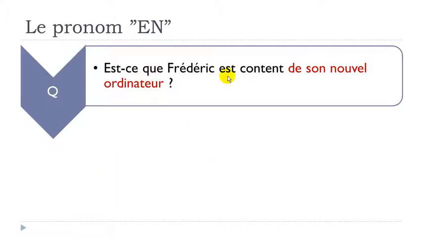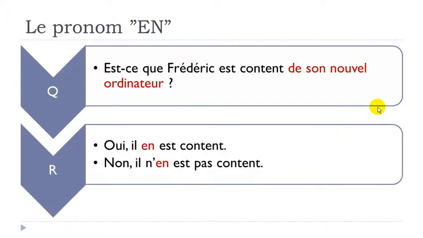Est-ce que Frédéric est content de son nouvel ordinateur? Okay, est-ce que Frédéric est content? Content is to be happy, satisfied. Okay, de son nouvel ordinateur, computer. D'accord? Est-ce que Frédéric est content de son nouvel ordinateur? All right, so it's exactly the same concept.